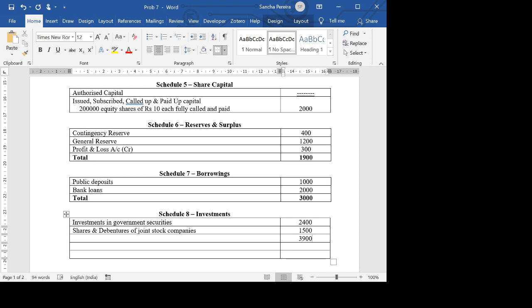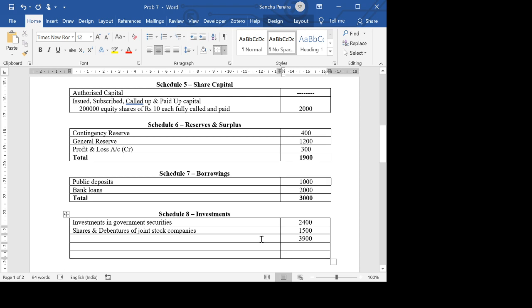I'm not going to complete this note yet because with regard to investments, there's an adjustment which says market value of investments on that date was rupees 36 lakhs. So basically the book value of the investments is 39 lakhs, because these figures are given in thousands. The book value is 39 lakhs, but the market value is 36 lakhs.